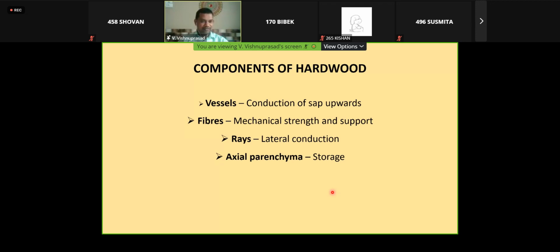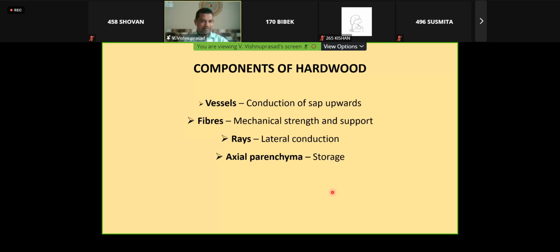In the case of ring porous, you can see the vessel diameter has one broad range over here, which suddenly becomes small vessels on the other side. So the vessels which are big in size form a part of the early wood, while the ones which are small are a part of the late wood.